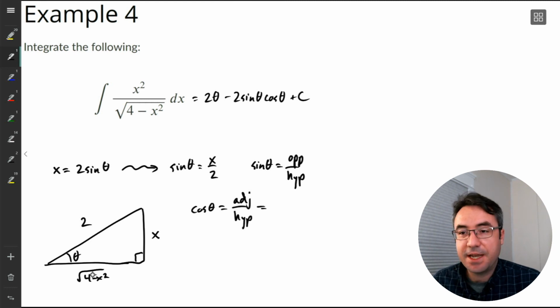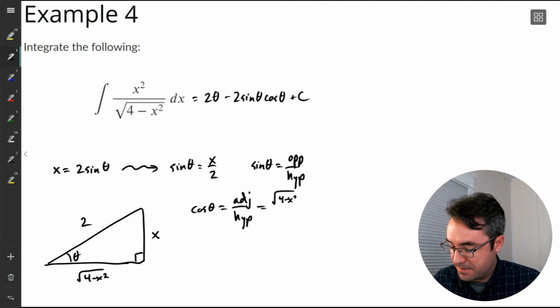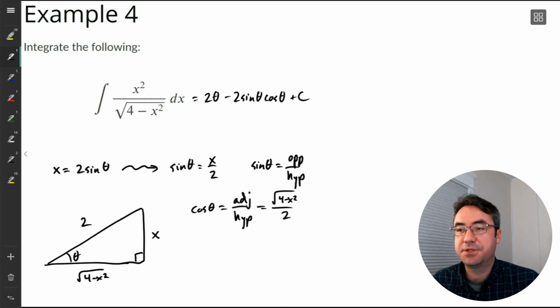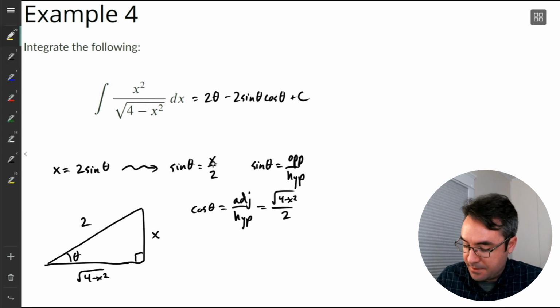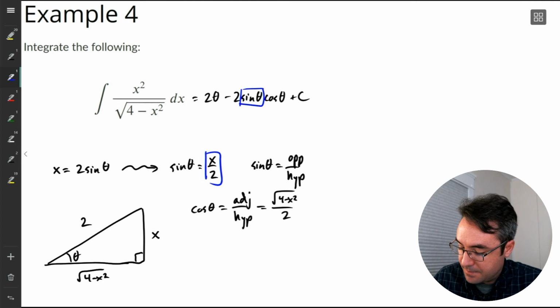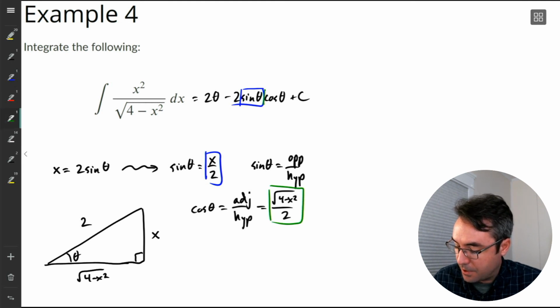So the adjacent side is square root 4 minus x squared, and the hypotenuse is 2. So we're going to be able to fill in x over 2 for our sine. We're going to be able to fill in the square root over 2 for our cosine.